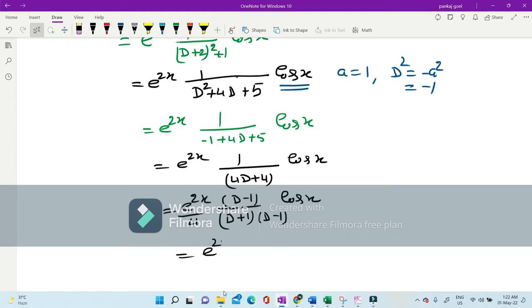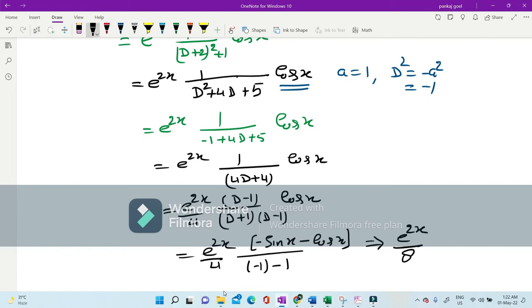What is equal to e की power 2x upon 4. डिनोमिनेटर में आ जाएगा d square minus 1. तो d square की वैल्यू रख देते हैं minus 1 and we apply d on cos x that is minus of sin x minus cos x. By simplifying this, you can write this e की power 2x upon 2 into 4 8, minus sign को ले लेते हैं, we will get sin x plus cos x. This one, right?